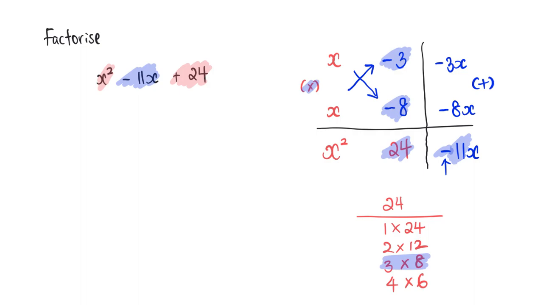Yeah? And so I would be able to get my final answer here. The final answer would be x minus 3, x minus 8. And we are done for this question. And let's move on to the next question.